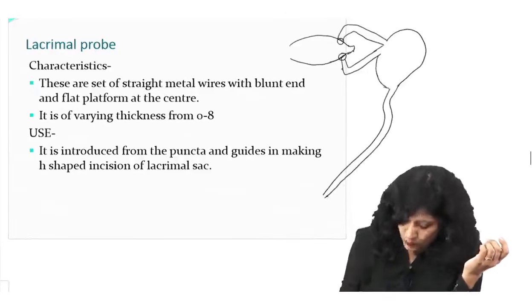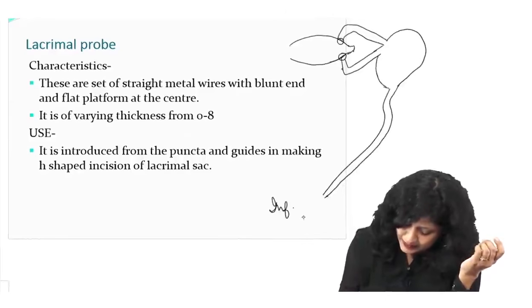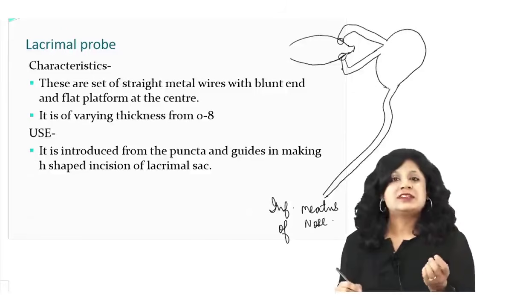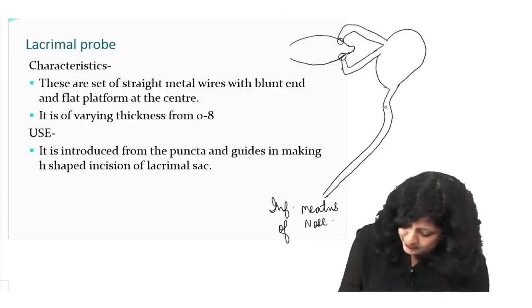The nasolacrimal duct will be opening in the inferior meatus of the nose. Okay, now this has got a series of valves here. We have a lot of valves here in order to maintain the unidirectional flow of the tears.